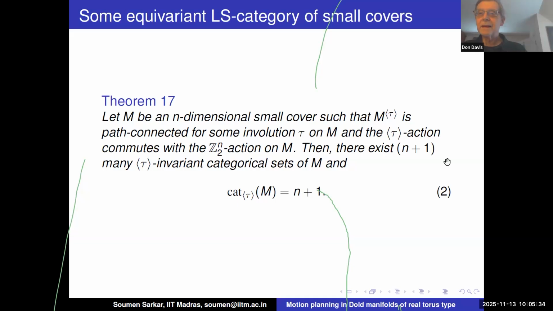Then just 2 days ago, I asked ChatGPT for an example, and it came up with a good example. It's the homogeneous space which is the quotient of the exceptional Lie group G2 mod the subgroup SO(4), and that works.